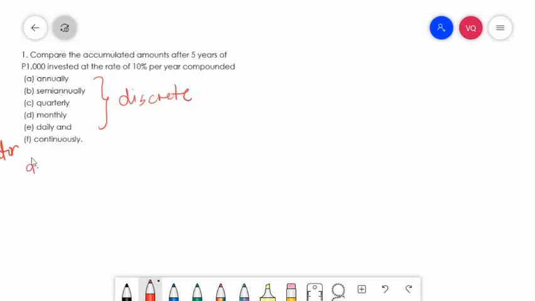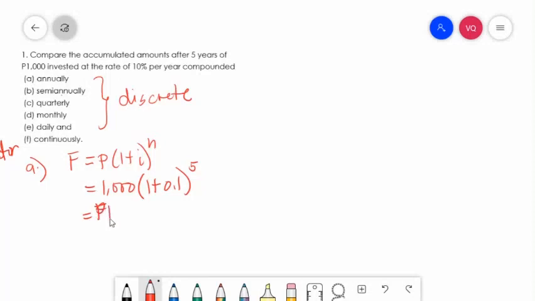For letter A, we have F is equal to P (1 plus I) raised to N. So it is equal to P, 1,000 pesos, multiplied by (1 plus 0.1) raised to N. N is 5 years. So that is equal to 1,610.51.